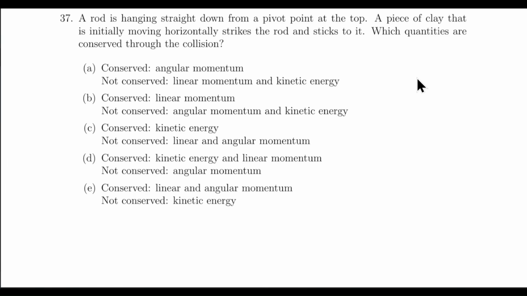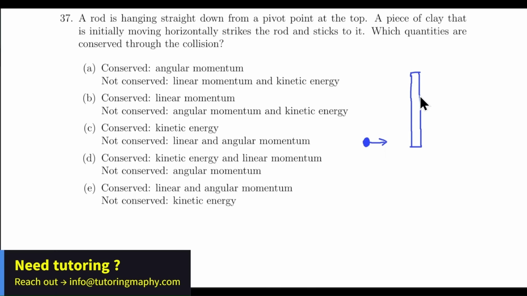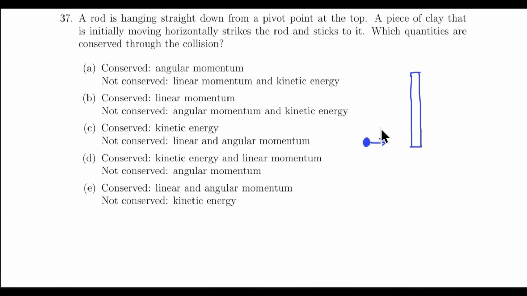Once again, this is only a conservation of angular momentum and not linear momentum. I think we have done a similar question earlier, and the idea is that this rod is applying an external force, because of which the linear momentum is not conserved.